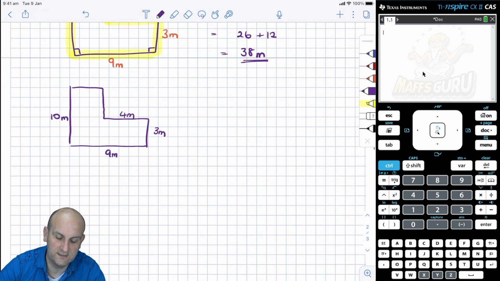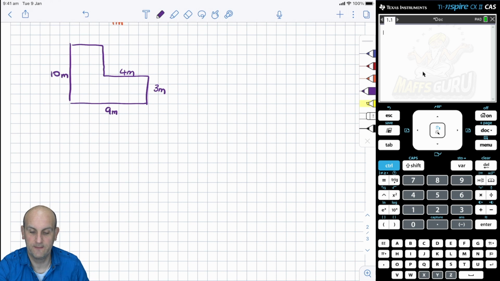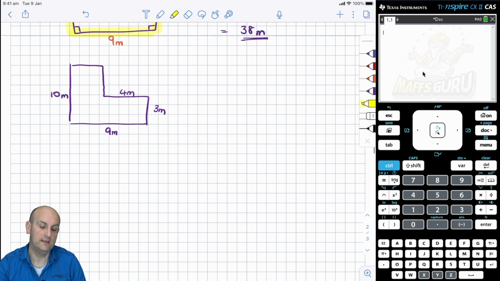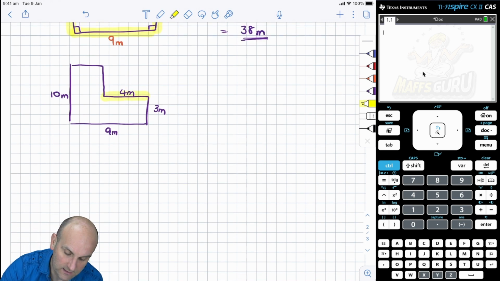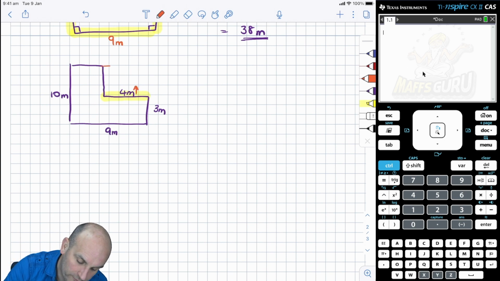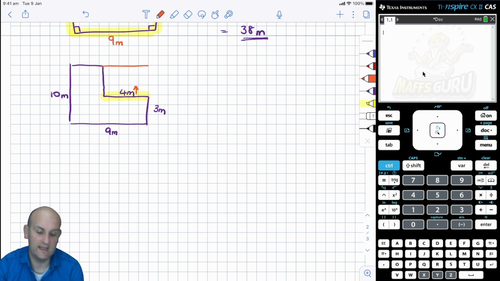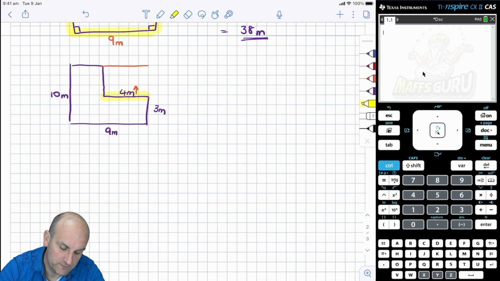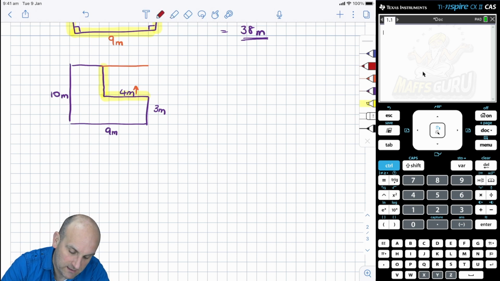Now, what I want you to imagine is that I've got super strength. And what I'm going to do is push this line upwards. If I push that line upwards to the top of the shape, it suddenly ends up there, doesn't it? And now I'm going to do the same thing with this one, and move that to here. And what do you notice?